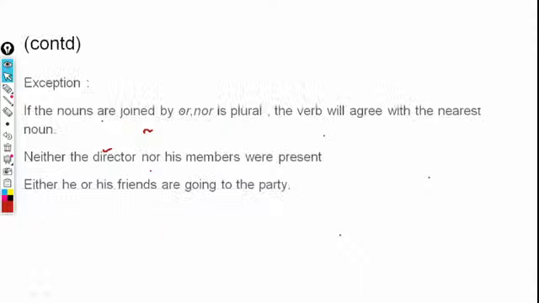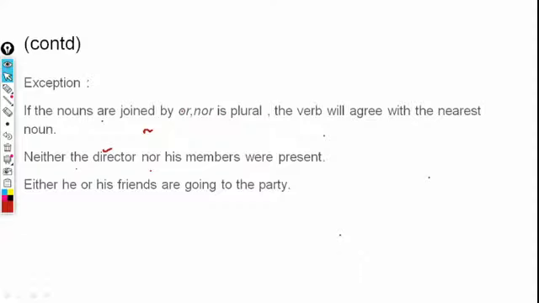The next one is the exception to this one. That is, if the noun joined by or, nor is plural, then our verb will agree with the nearest noun. Either the director, neither the director nor his members were present. This is also important.